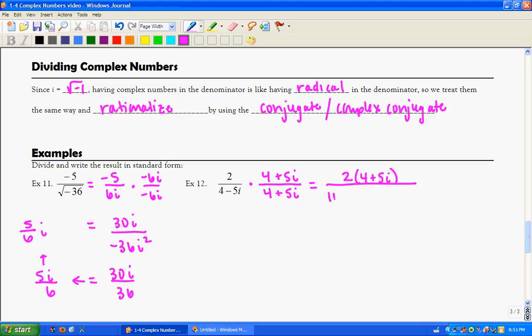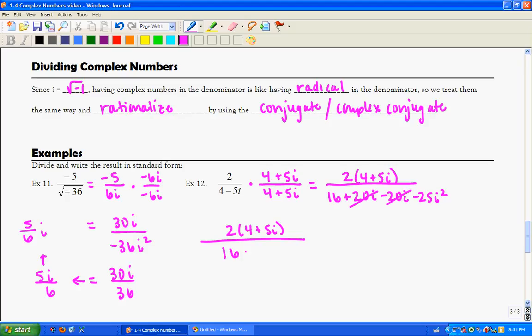So that will give us 16 plus 20i minus 20i minus 25i squared. So on the top, we're still going to have our 4 plus 5i multiplied by 2. And on the bottom, our positive 20i and negative 20i will cancel out.